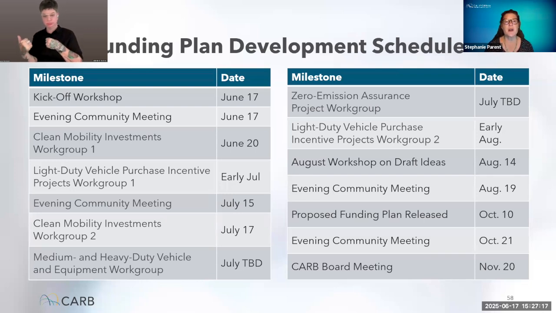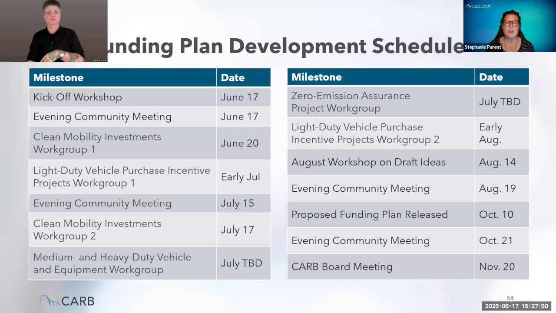And as mentioned earlier, mid-June to about mid-August are the more intensive months for us to collaborate with you to develop the proposed funding plan. And as you can see, we have a lot of meetings planned for the next few months, as shown on the slide. In August, we'll discuss the draft ideas in a workshop and recap that at the monthly evening community meeting a few days later in August.